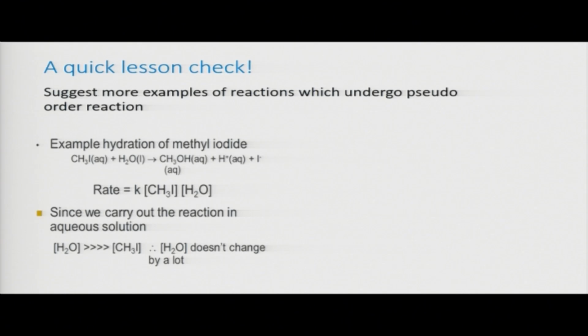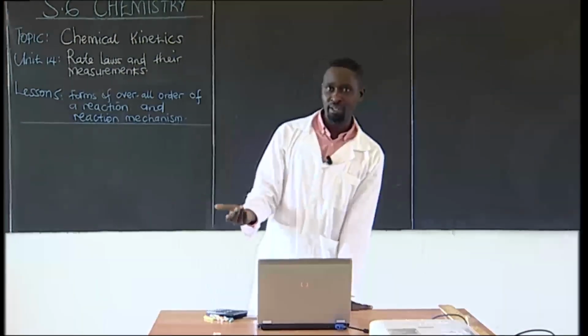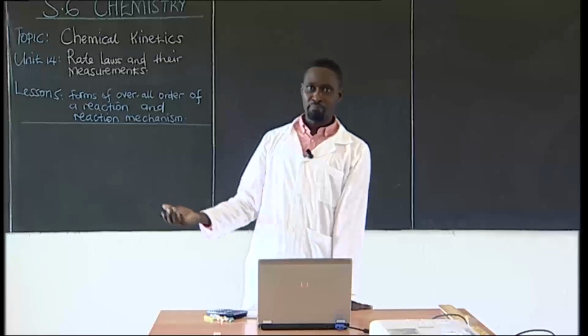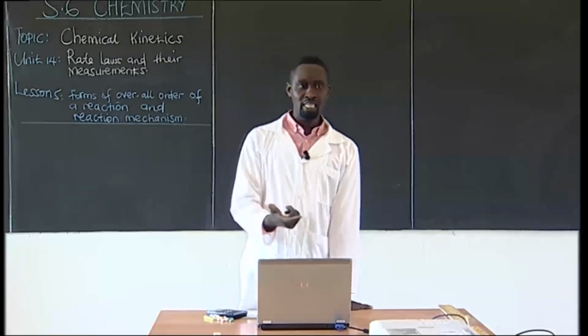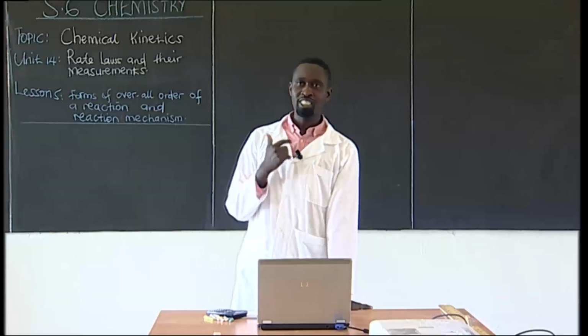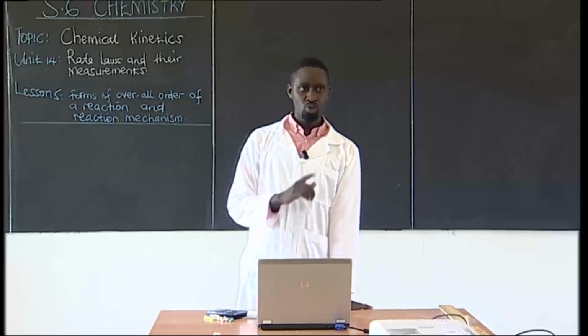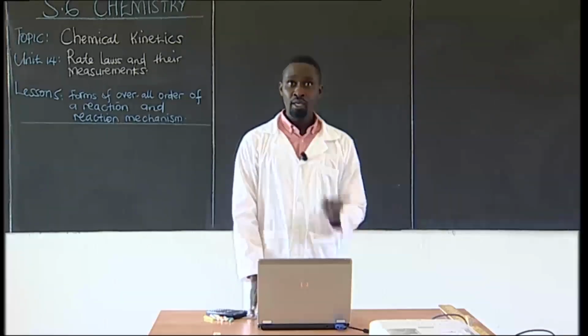We are surrounded by water. It's not like a mango. You get mangoes once in a while, but water is everywhere. So because water is in large excess, its concentration in a reaction does not change a lot. It remains almost constant. So that is also an example.